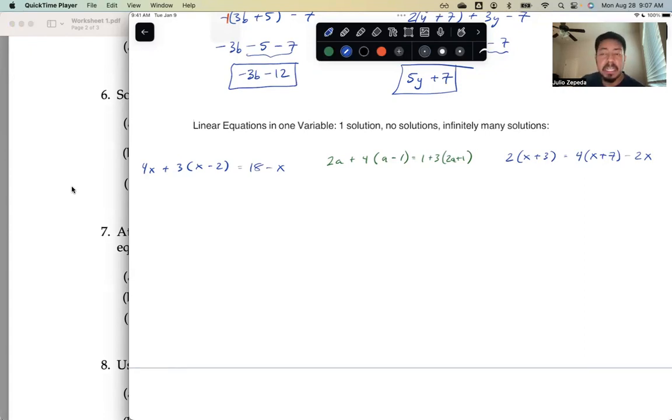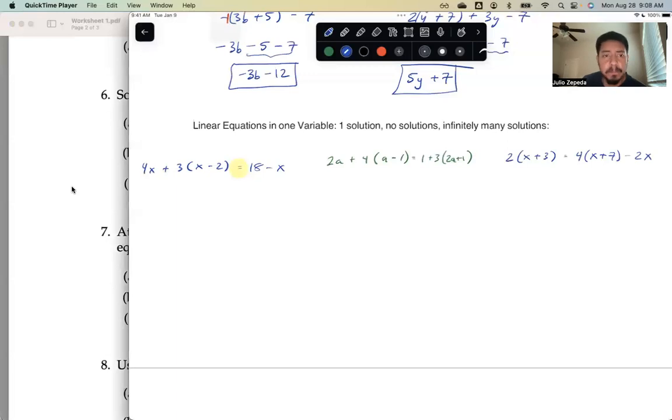Okay, so an equation now is just 2 expressions joined by an equal sign. So we have an expression on the left-hand side, an expression on the right-hand side, 18 minus x, and there's an equal sign between them. And so we want to see if we can find any values of x that will make this equation true.